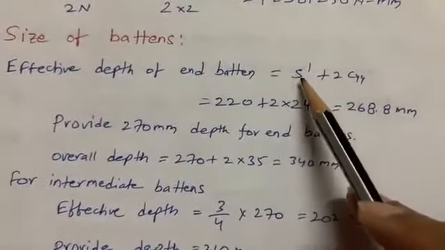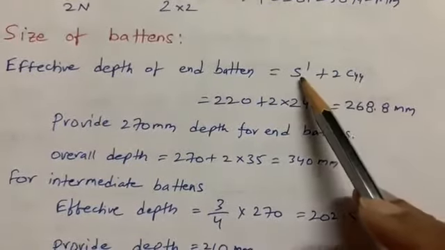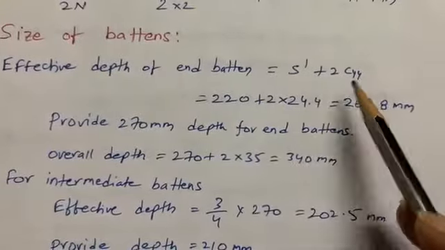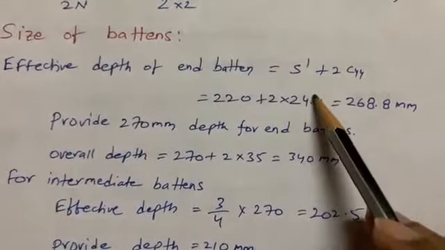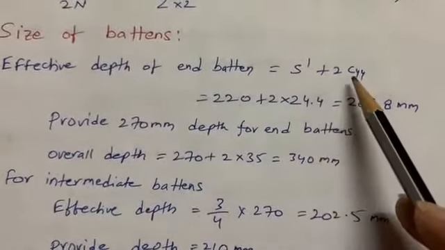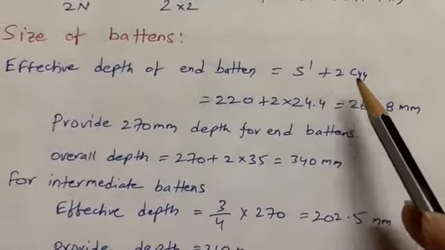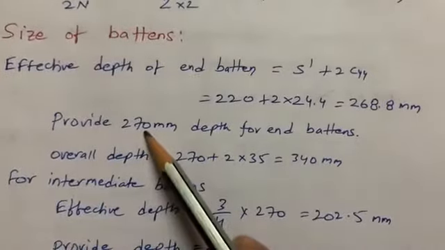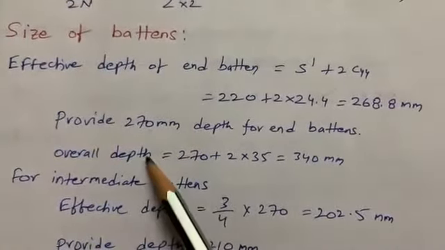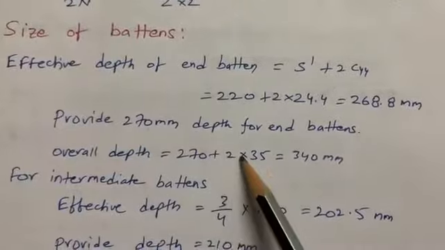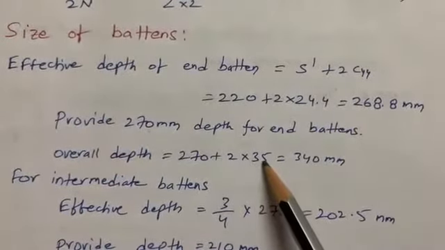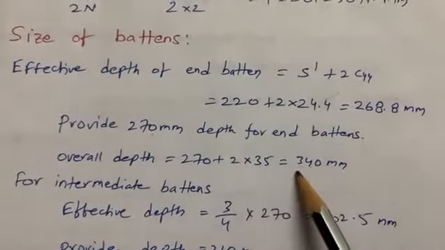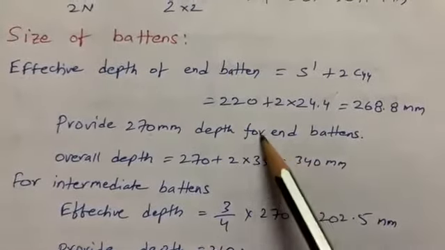Effective depth is nothing but h dash plus 2 into cyy. h dash is the spacing between the channels, 220, plus 2 into cyy value, which is 24.4, available in the steel tables book for the ISMC channel section which we chose. So I got 268.8 mm, so I provided 270 mm. After that, the overall depth formula is effective depth plus 2 into gauge distance. For the gauge distance I provided 35, so that equals 340 mm for end battens.